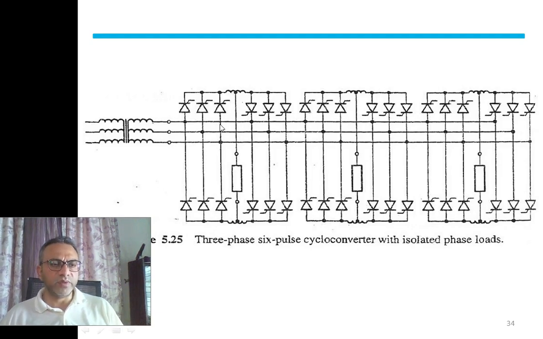These reactors will be used to eliminate harmonics. They do the job of a filter plus eliminate circulating current. So here in this diagram, we are looking at a complex circuit, but the advantage is that isolated loads can be served.